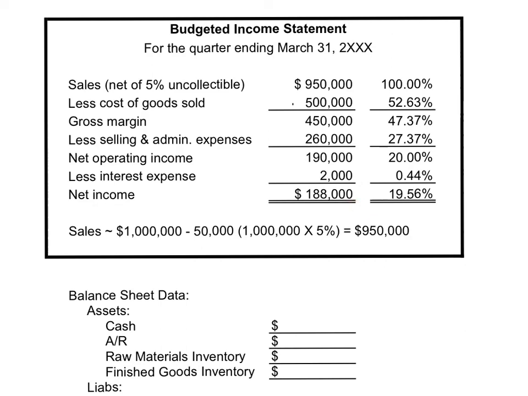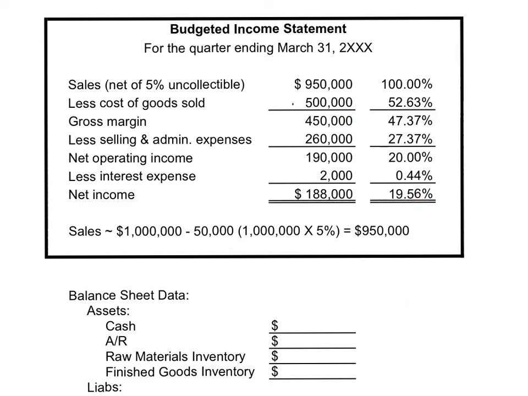And we did a percentage here, ratio, and the way we get these numbers is every single one of these is the numerator, and the denominator is 950,000. So that's why 950,000 is 100%. So 500 divided by 950 is 52.63. 450 divided by 950 is 47. Of course, these two have to add up to 100. And it just goes all the way down the row like that.